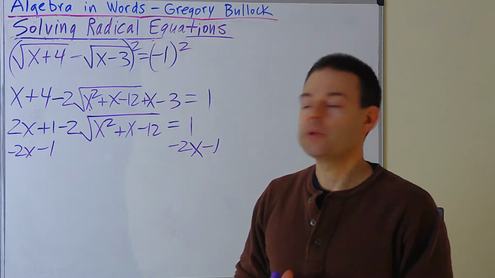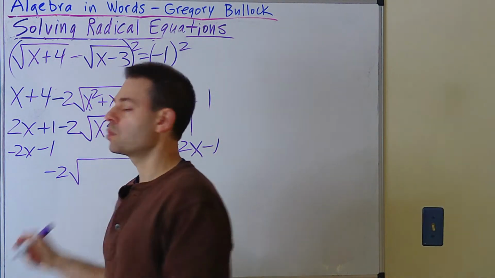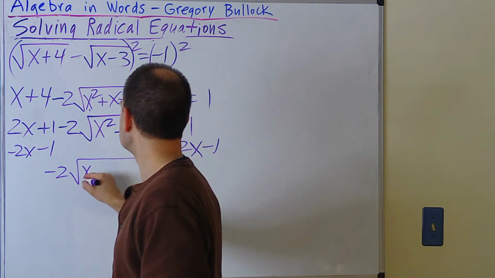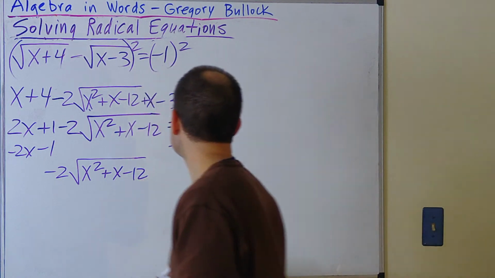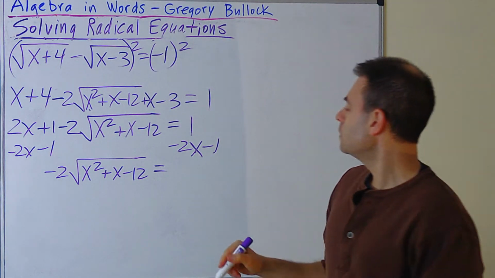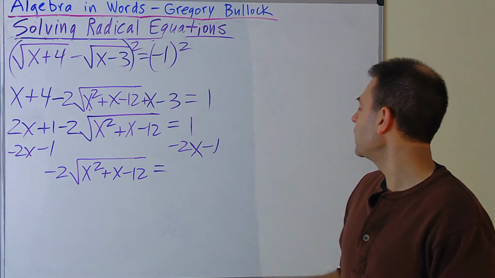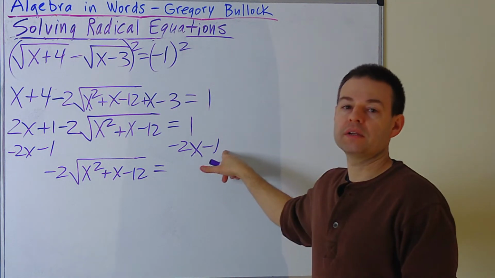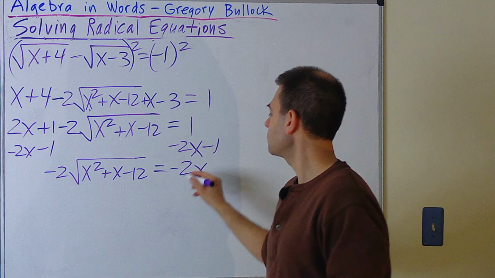So on the left they're eliminated, leaving just negative 2 times the square root of x squared plus x minus 12. And on the right, 1 minus 1 is 0, and we're left with negative 2x.